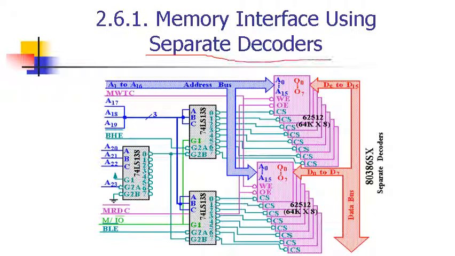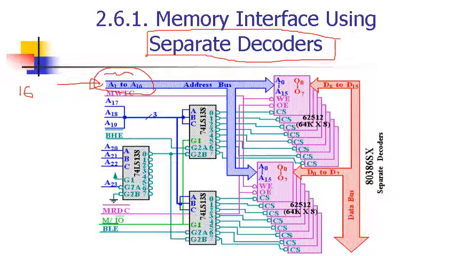If you use separate decoders for your low bank and high bank, this is your address, which is A1 through A16. So we're using 16 bits of our 20-bit address. Why are we using 16?